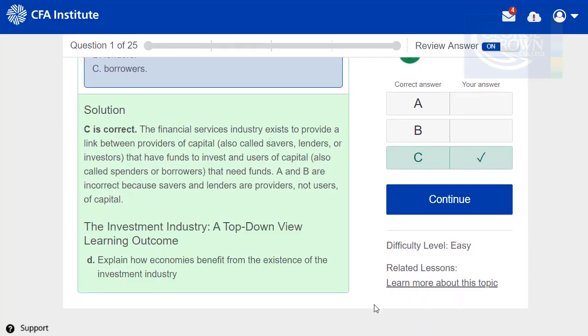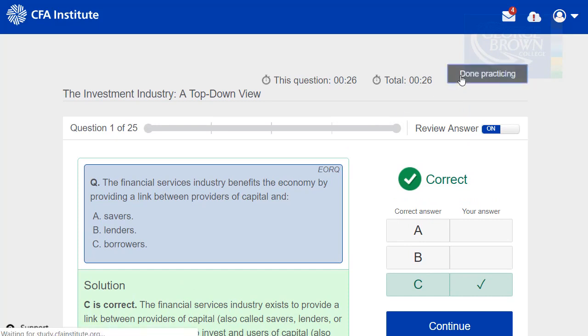The financial services industry exists to provide a link between providers of capital, also called savers, lenders, or investors. So again, different terms meaning the same thing, that have funds to invest, and users of capital, also called spenders or borrowers. So again, be familiar with the vocabulary, and that was relating to learning outcome statement D, explain how economies benefit. Okay, so done practicing.